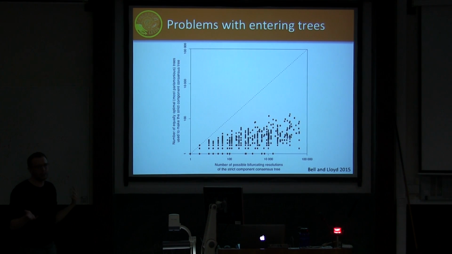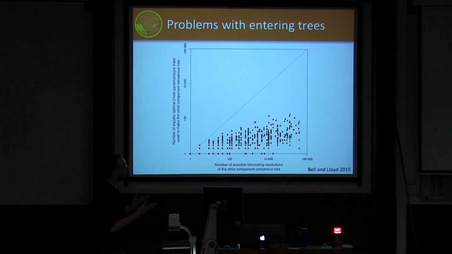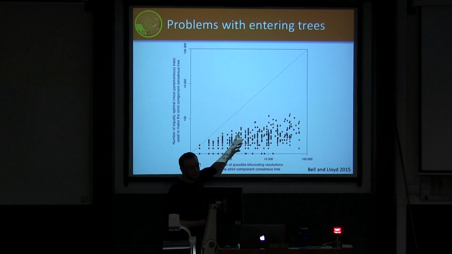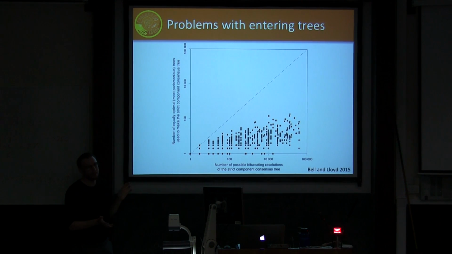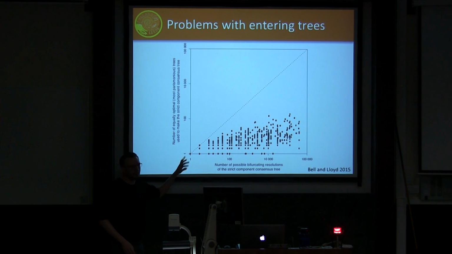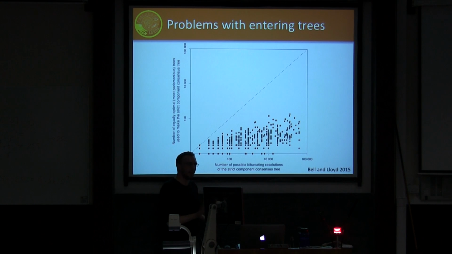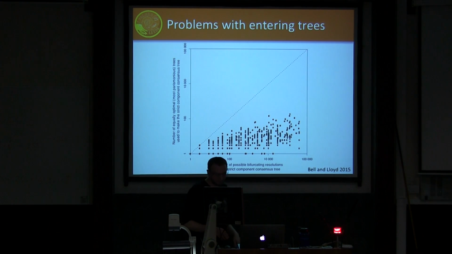You might, in order to do analysis, need bifurcating trees, so you'd randomly resolve those. But if you do that, what you can often find is you get a set of trees that would be considered suboptimal based on the original analyses that we used to produce them. And in the same vein, if you're entering a tree from a paper, it's often a consensus tree, so you're losing this information, and you might infer clades are optimal that are not optimal.